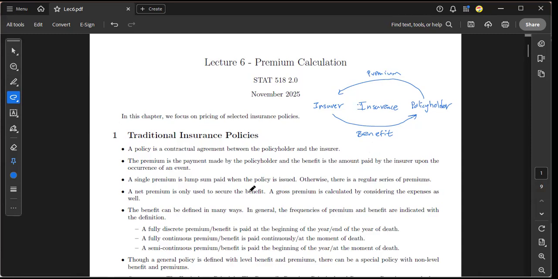So single premium is a lump sum paid when the policy is issued. That means we can buy the insurance by paying one lump sum amount, and then you don't have to pay anything more. Your insurance will be valid for a period which is called the coverage period. For example, if you are going on a vacation, you can buy insurance for your health.